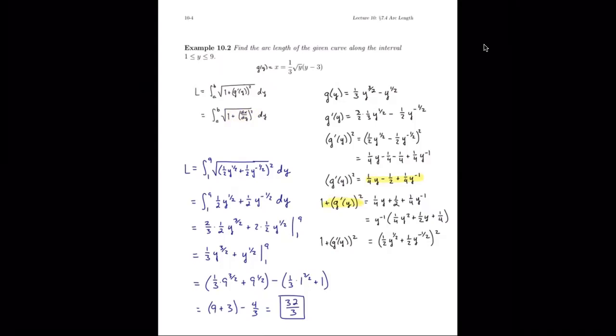But what you should notice is when you add 1 to this highlighted expression here, the 1 and the negative 1/2 combine, and you get positive 1/2. Okay, this is a perfect square trinomial right here. We know that because it came from squaring this binomial.